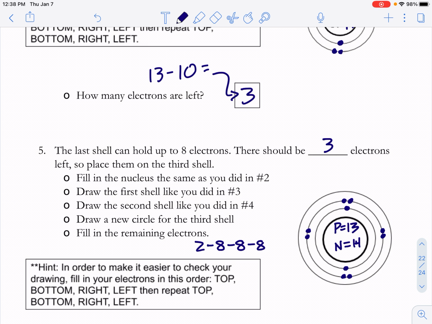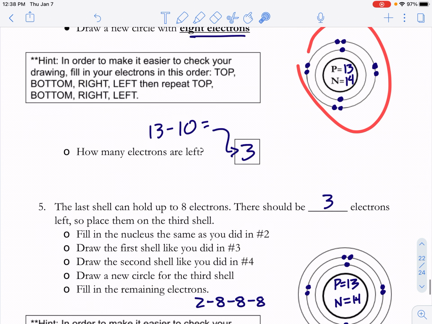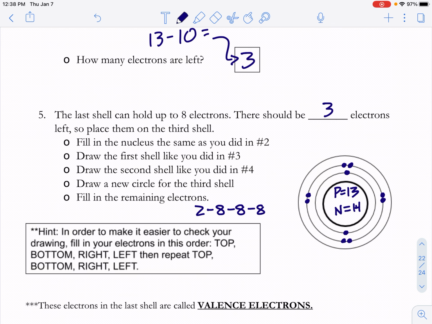Be careful that you're not accidentally filling in electrons in a different shell. And I always like, while I'm writing these circles, because I'm counting in my head the amount of electrons that I've placed down. So far I have 10, because I just duplicated what I did in this drawing right up here. Now we're on to our third shell.